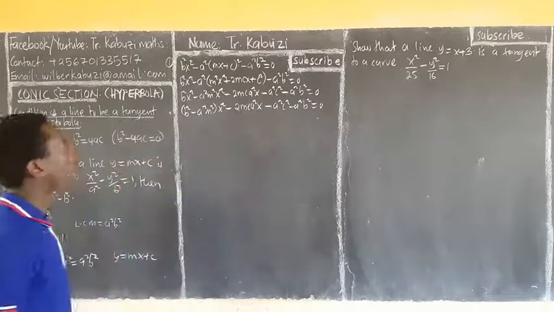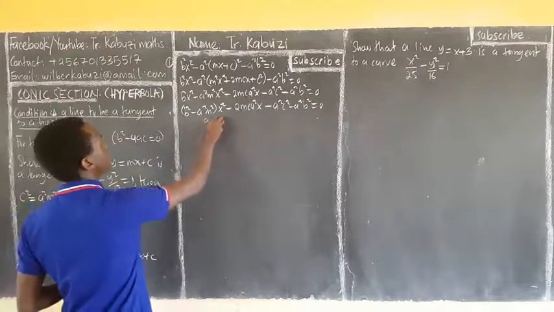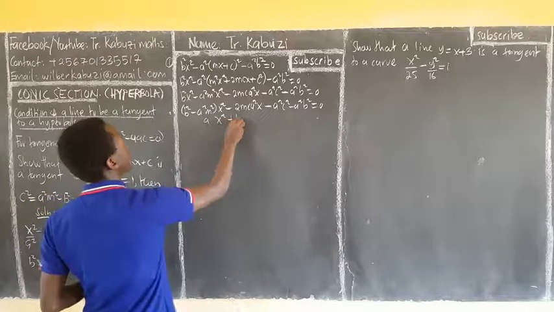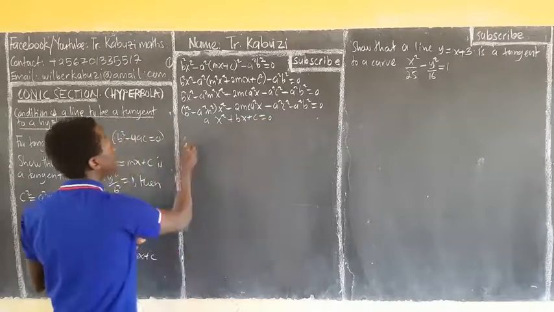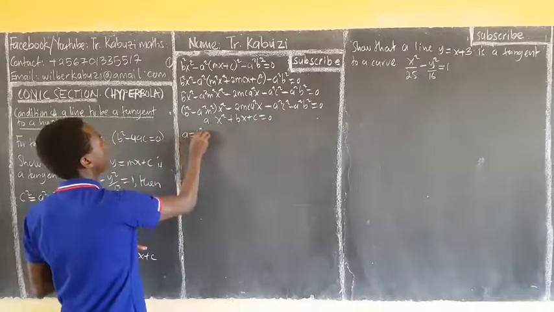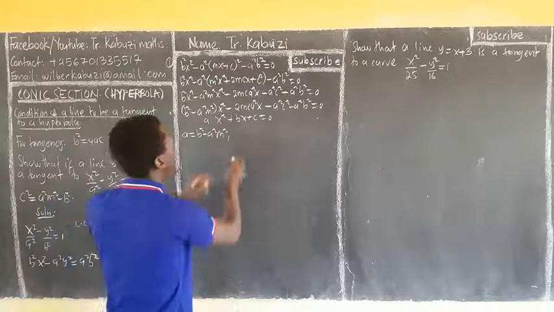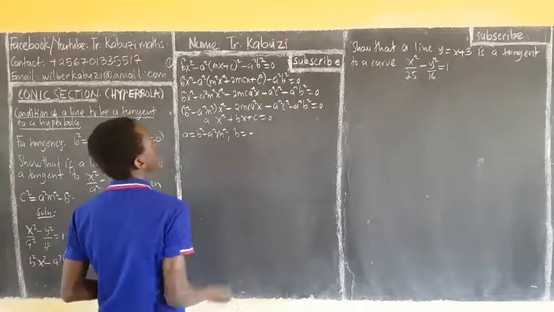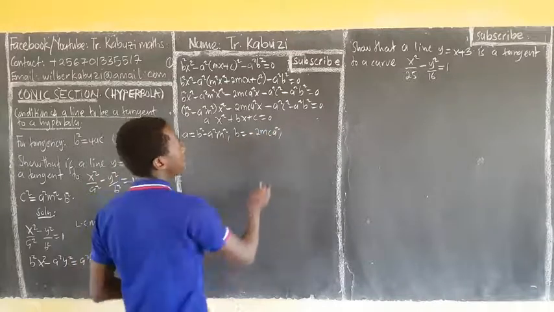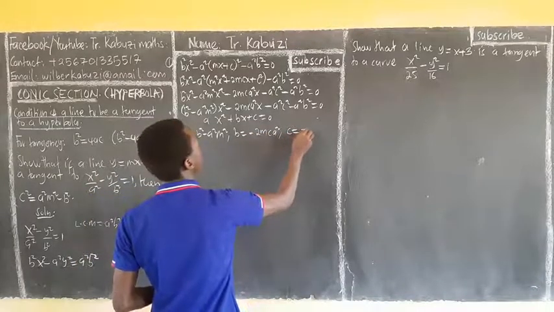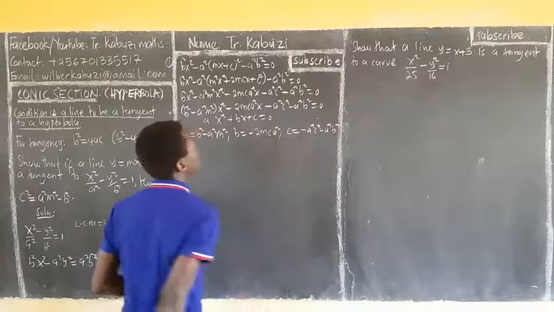If I compare to the general quadratic equation, which says this, start from here: my A is this, my B is this, and my C is this.